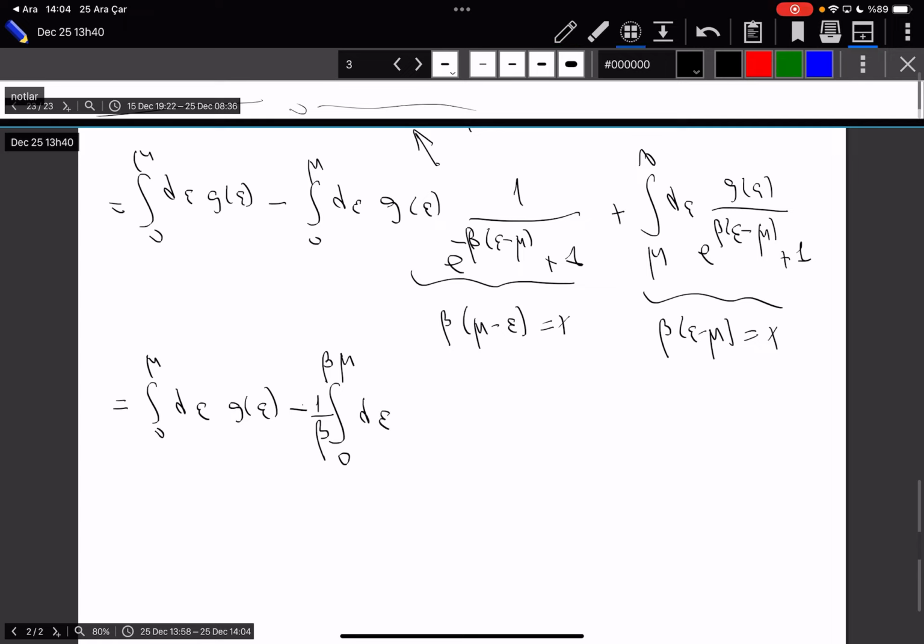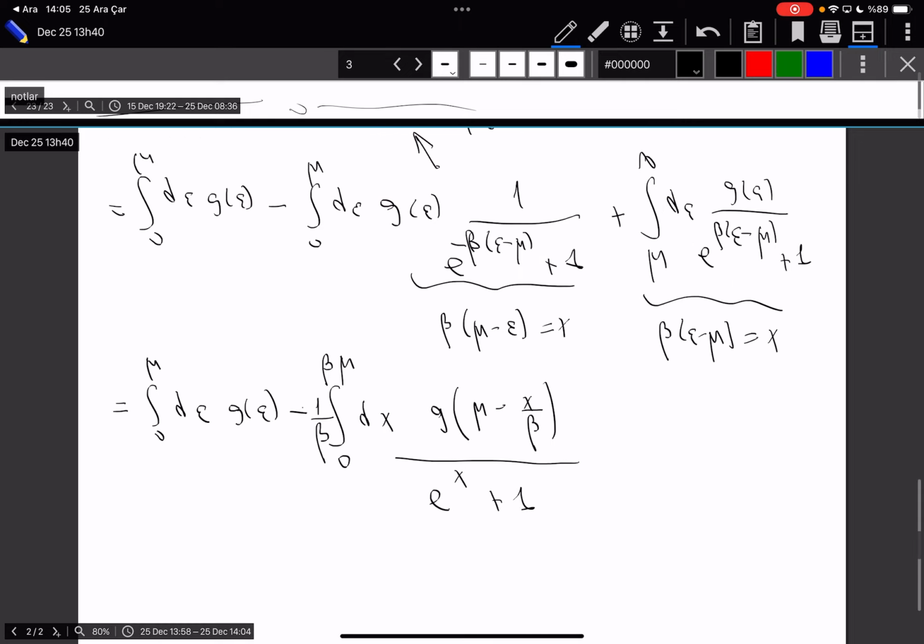So we have dx, g of epsilon, where epsilon is mu minus x over beta, divided by e to power x plus 1.